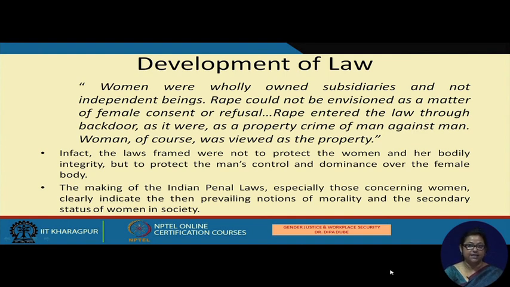So, when we say development of law, it did not start in the right spirit and the right manner, in the sense that it was not for the protection of women, but for the protection of the interests of men on women as property.